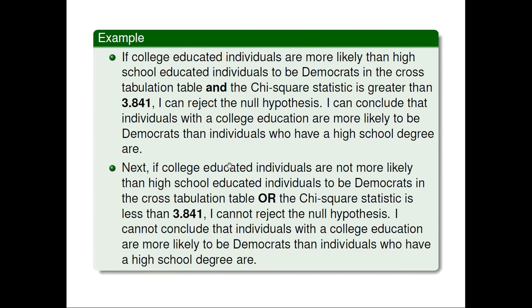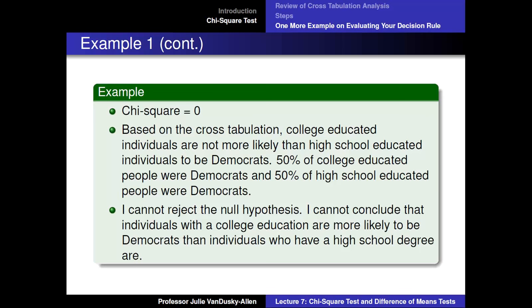Since this criteria was met here, I cannot reject the null hypothesis. I cannot conclude that individuals with a college education are more likely to be Democrats than individuals who have a high school degree are.